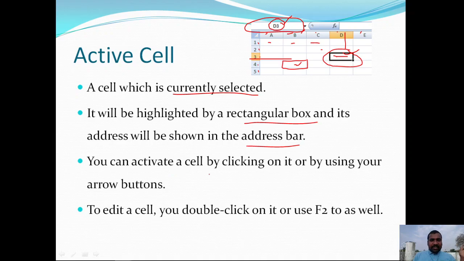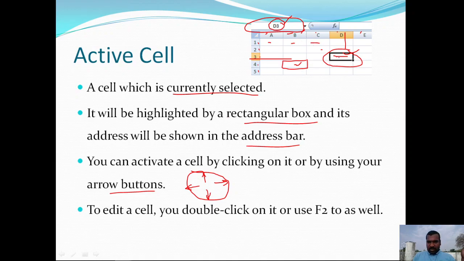You can activate a cell by clicking on it or by using your arrow keys. Here we have left, right, up and down arrow keys available on the keypad. You can use these navigation arrow keys to move your active cell around the worksheet.